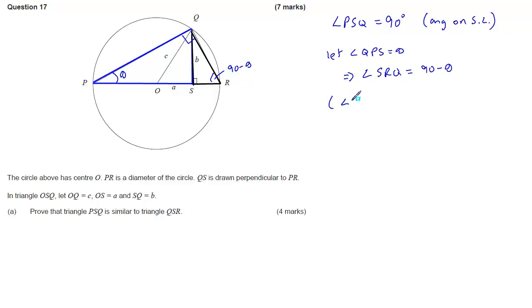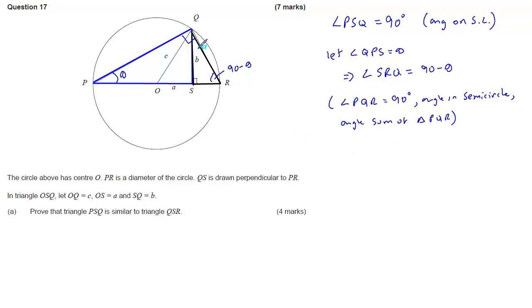Firstly, angle PQR is equal to 90 degrees, which is the angle in a semicircle, and then the angle sum of triangle PQR. So what we're saying, if that's 90 and that's theta, this one must be 90 minus theta.